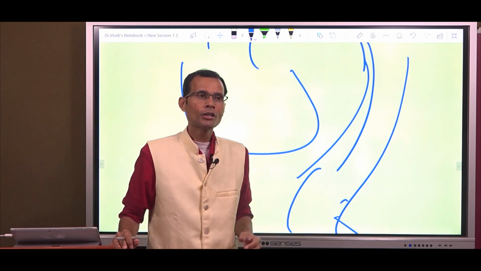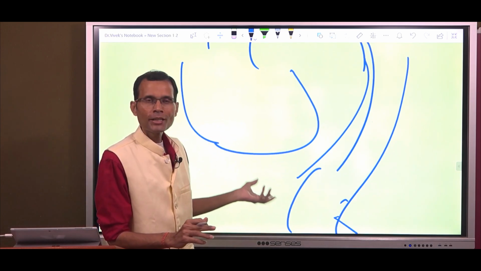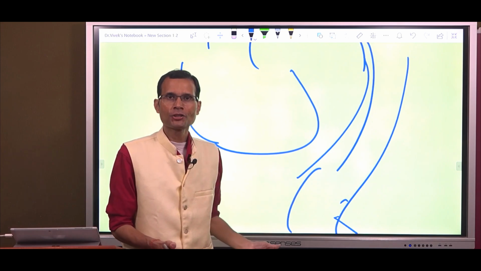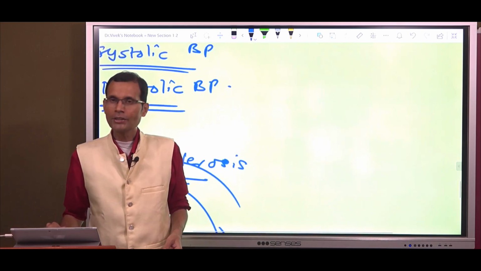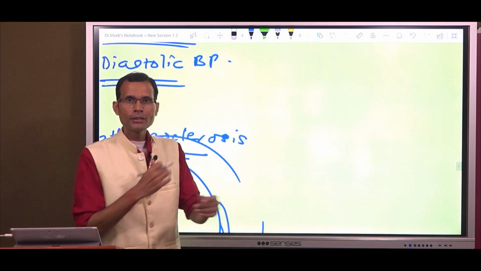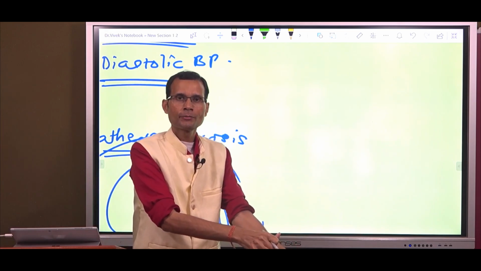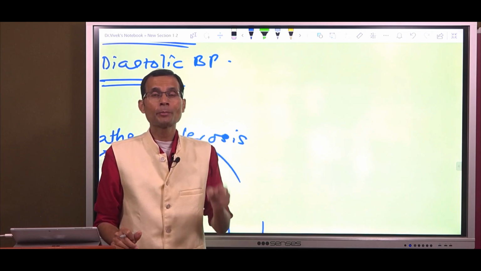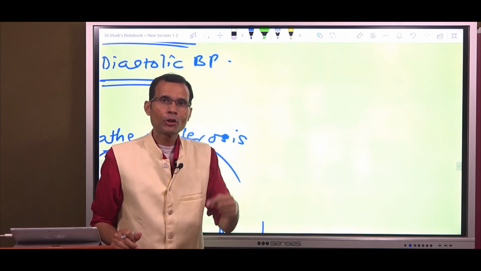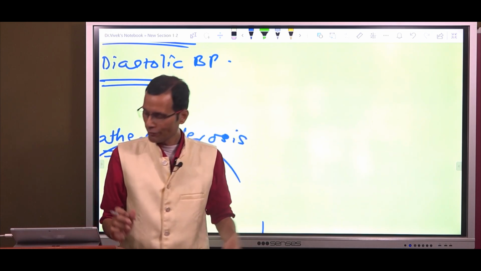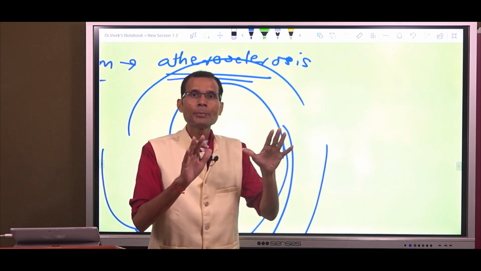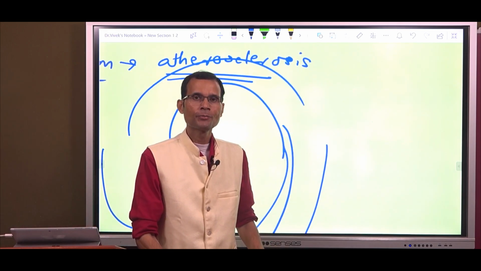So, therefore, there is just one branch, whereas for the radial artery, from the heart up to the radial artery, there are 3 branching points, and because of the branching points, the velocity of the pulse wave will be dampened a little bit.